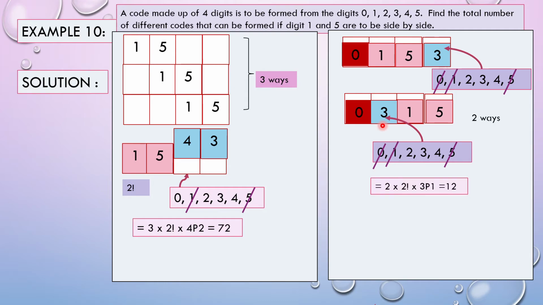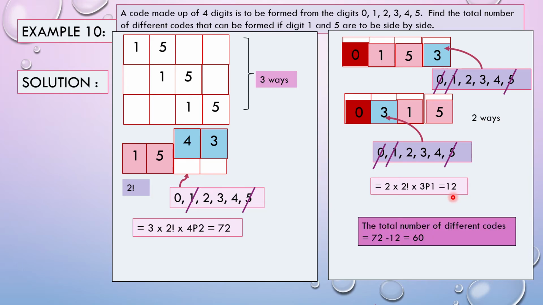So total arrangement: 2 ways to position the digits 1 and 5 side by side, times 2 factorial, because of the arrangement of digits 1 and 5. Next, multiplied with 3P1. Why 3P1? Left another 3 digits, we want to arrange only 1, the blue color box. Therefore total arrangement we have 12.